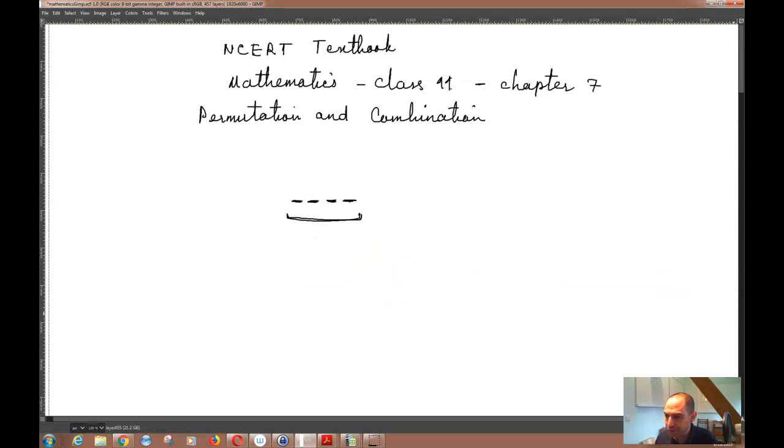But in this particular example, we are assuming that the lock can be opened if 4 specific digits are arranged in a particular sequence with no repetition.